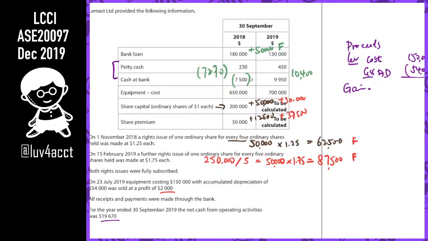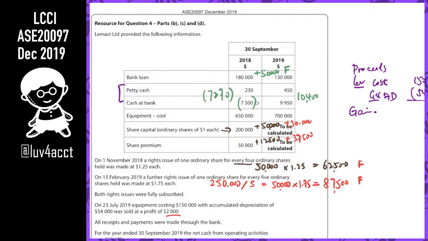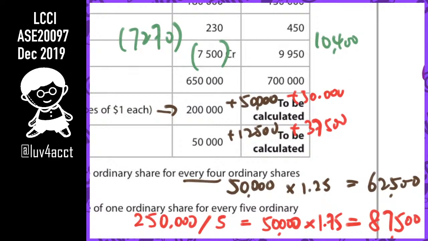One more item, equipment at cost. Originally you have 650, now you have 700. What is in there? You have two things. It is the cost. First thing is you have disposal, 150,000. Usually I will write it as the second item. Disposal. And you have purchases. You have to calculate how much purchases.